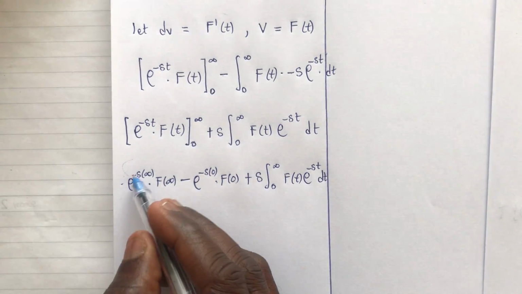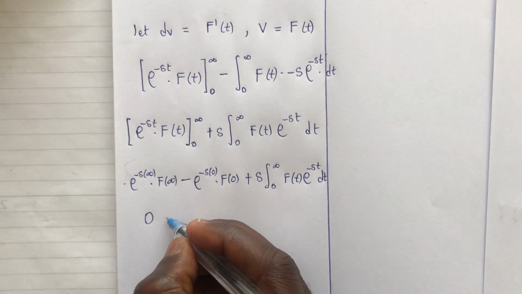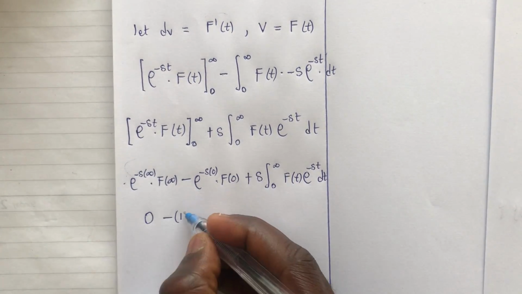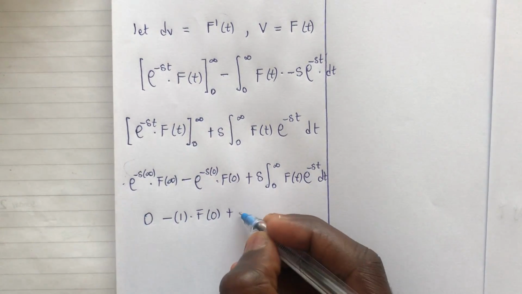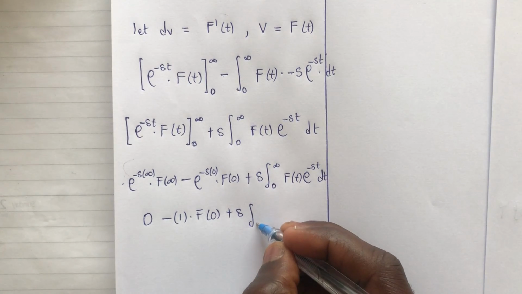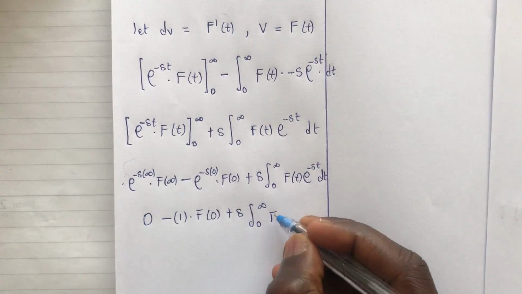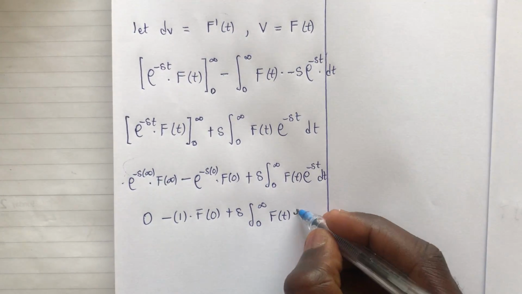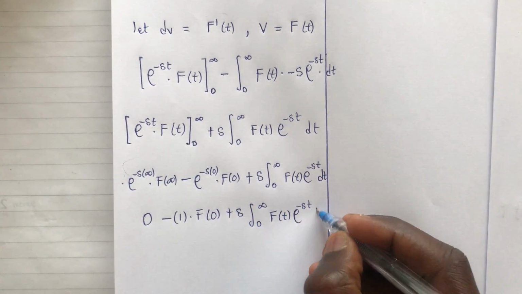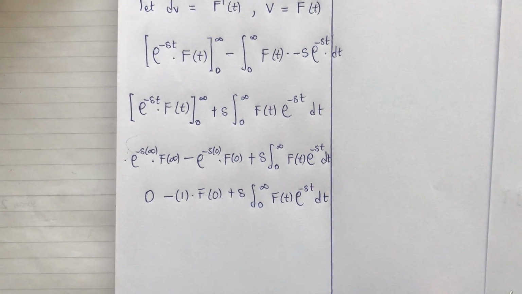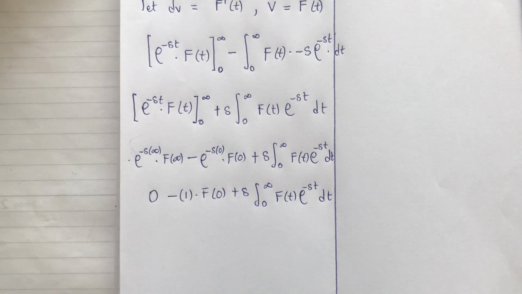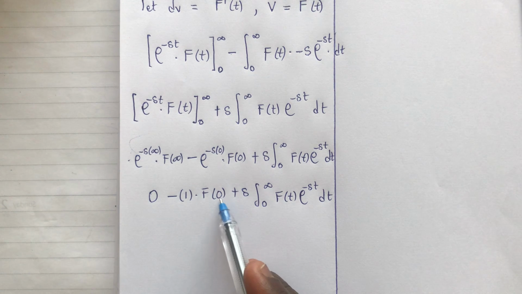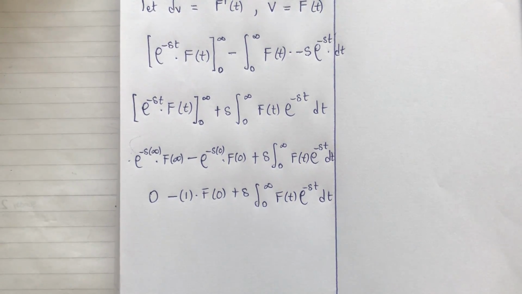So now the result here becomes 0 minus 1 times f of 0 plus s integral of 0 to infinity f of t e to the power negative st dt. Again, we do not need this 0, so we can get rid of it. Now, f of 0 here is a transform of derivative when t is equal to 0.